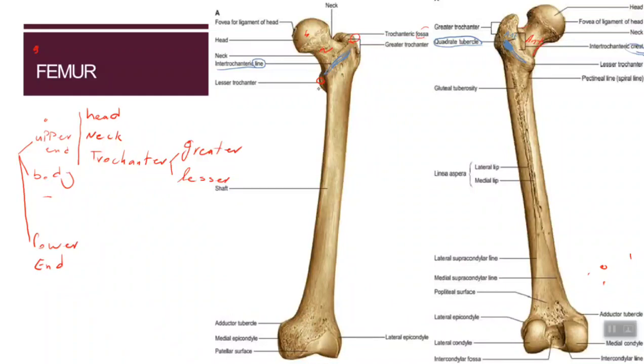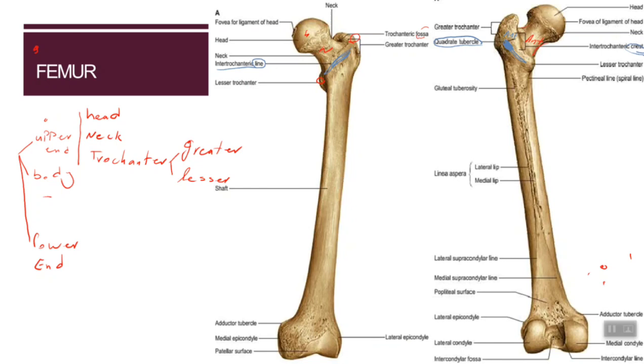And the lesser trochanter is situated medially and posteriorly at the junction of the shaft with the neck. Again, this trochanter is a site of attachment and insertion of one important muscle, the iliopsoas muscle. The insertion of the iliopsoas muscle attaches to the lesser trochanter.